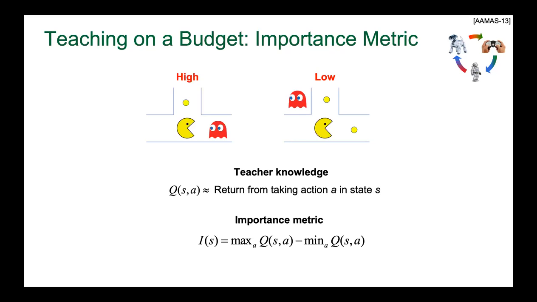It would be very hard for the student to understand, is this state important? Because the student is going to have pretty bad Q values initially. So this is all from the teacher's perspective, that the teacher has already learned and is deciding when to intervene. So if the teacher had not learned well and the teacher's Q values were not very good, then this heuristic would not work either.